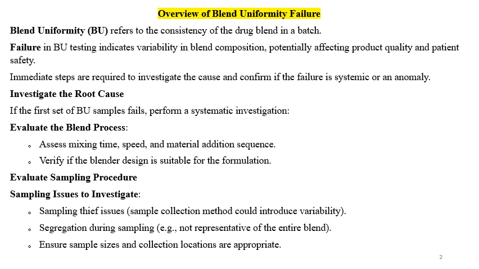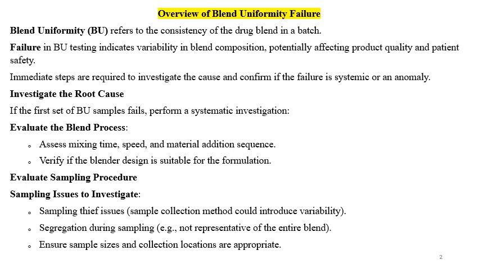Evaluate the blend parameters. Assess mixing time, speed, and material addition sequence. Verify whether the blender design is suitable for the formulation. Then evaluate the sampling procedure. Sampling thief issues, sampling rod issues, dye selection, sample collection method, and sample size may introduce variability.